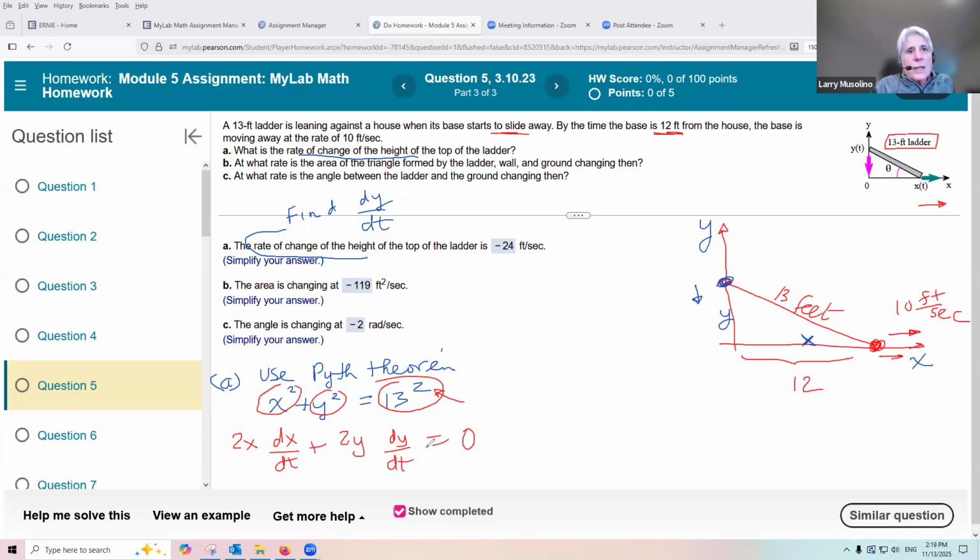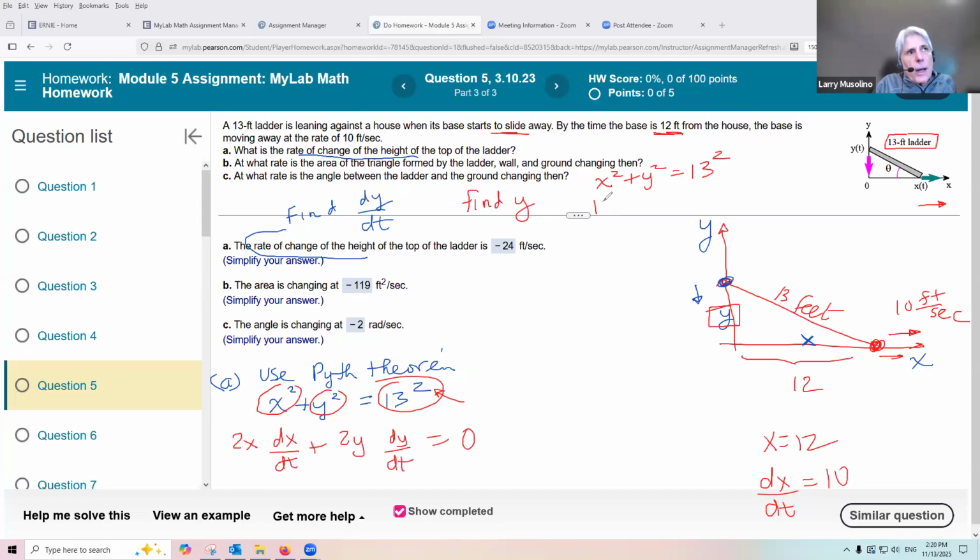All right, let's see what quantities we know. At this point in time, they're telling us that X equals 12. We also know that dx/dt, that's the rate of change of the ladder in the X direction, is 10. They told us that. The other item we'd like to know is what is this Y value at this instant in time? Well, to find the Y value, we can just set up a little equation with the Pythagorean theorem. We could say X squared plus Y squared equals 13 squared.